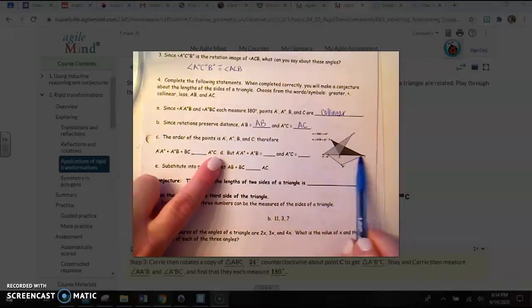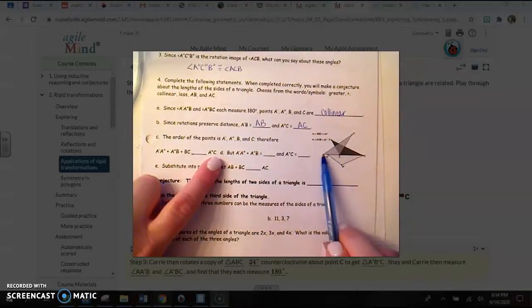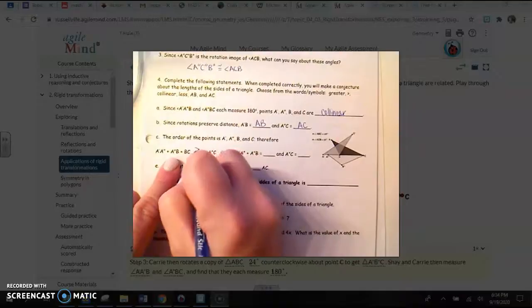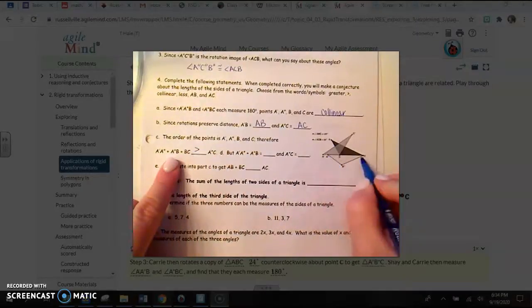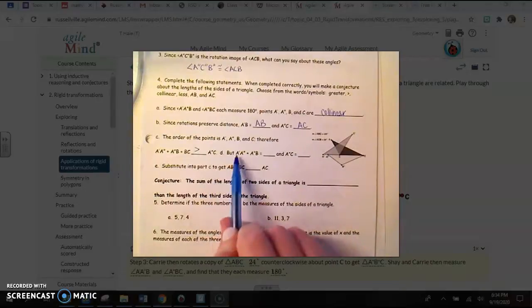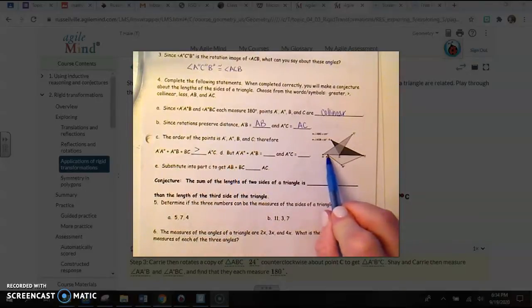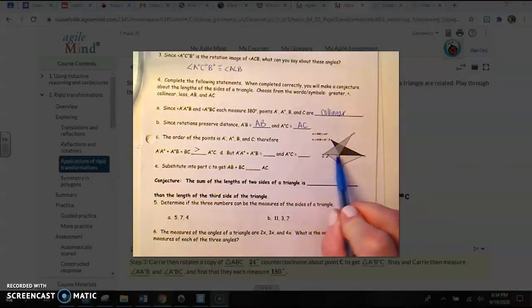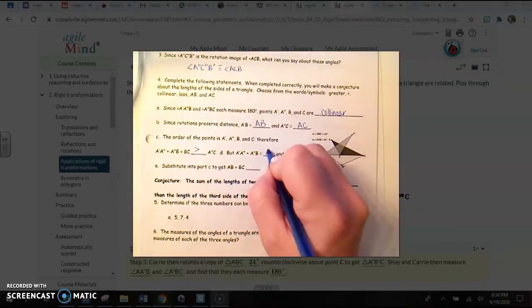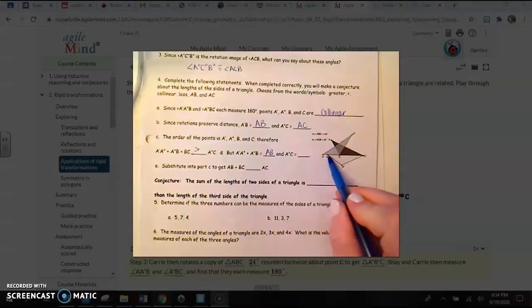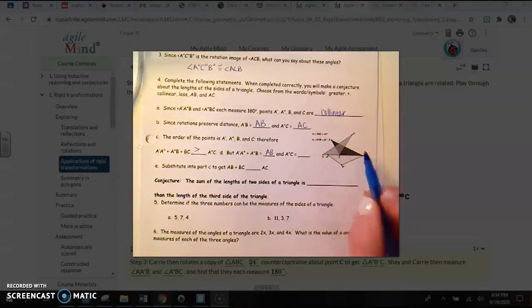A double prime C is not the whole way across, so we know that the whole way across would have to be greater than this, which is not all the way across there. But we know that A prime A double prime plus A double prime B made up AB. This distance, remember, is this distance. And we know A double prime C came from AC. It was just that rotated. So this rotated made that A double prime C.